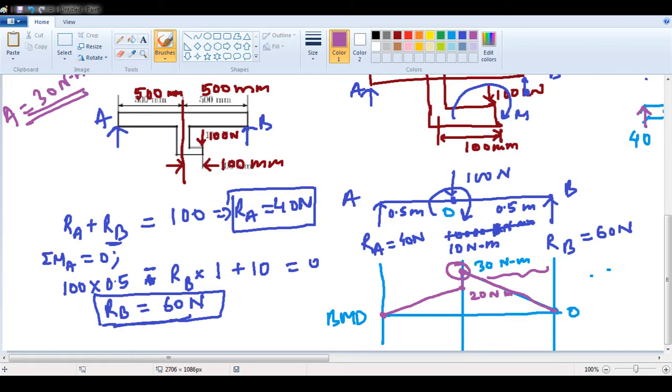Now let us check some other problems. So I'll take a question now from GATE 2010. Okay, got it.